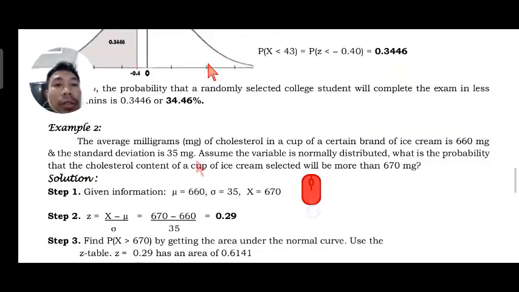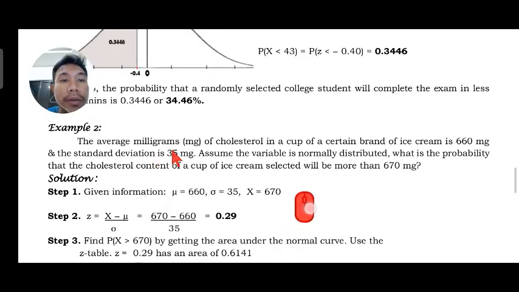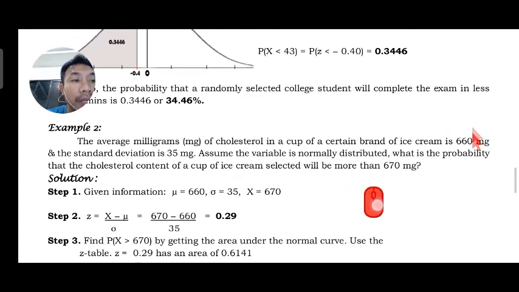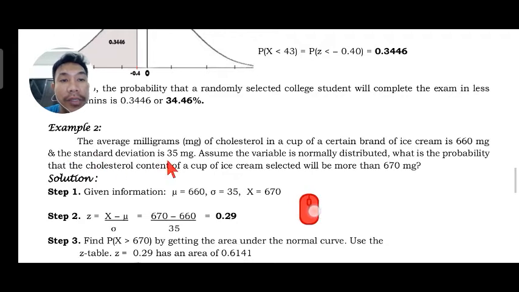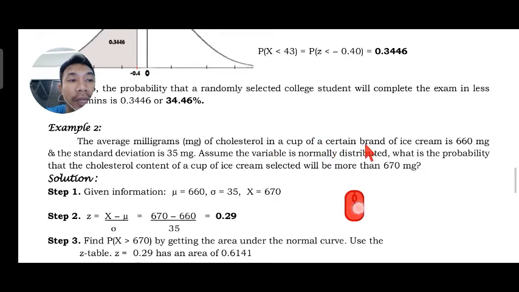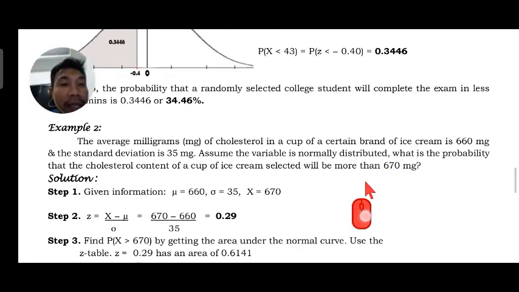Example number 2: the average milligram of cholesterol in a cup of a certain brand of ice cream is 660 milligrams and the standard deviation is 35 milligrams. Assume that the variable is normally distributed. What is the probability that the cholesterol content of a cup of ice cream selected will be more than 670 milligrams?